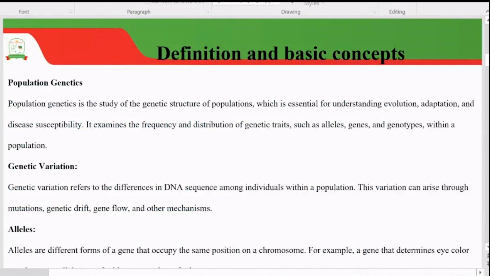And when we're referring to population genetics to start with, we mean that this is a study of adaptation and disease susceptibility.